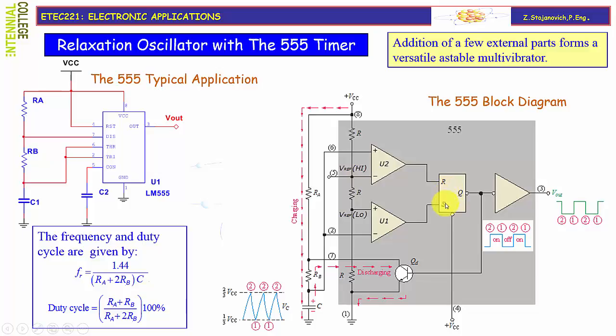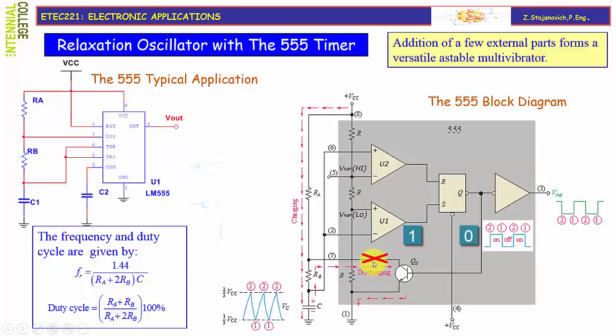When this flip-flop is set, then the output Q is high, but Q inverted is low. And this low keeps the transistor in a non-conducting state because there is no sufficient voltage to provide forward biasing. Therefore, the transistor is in cutoff and collector current is 0.